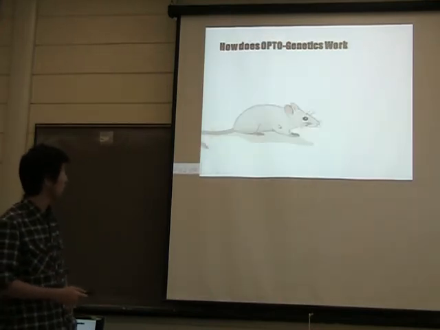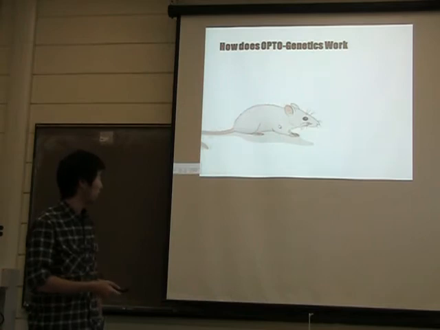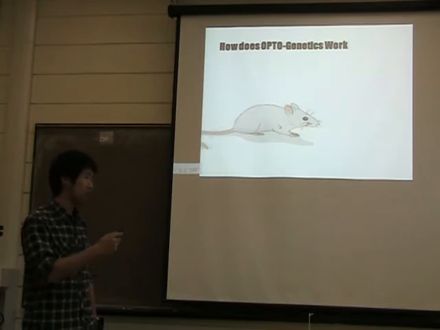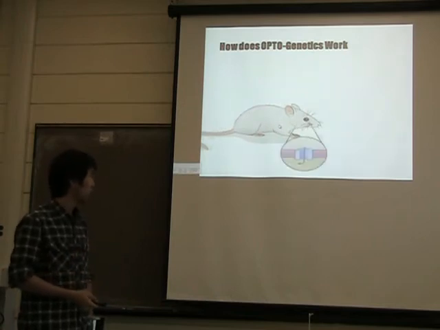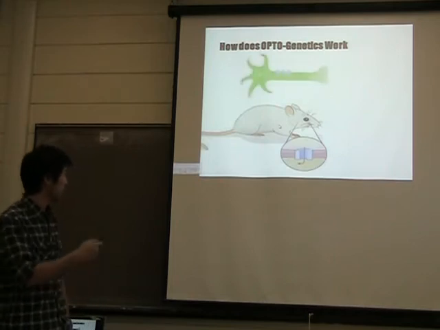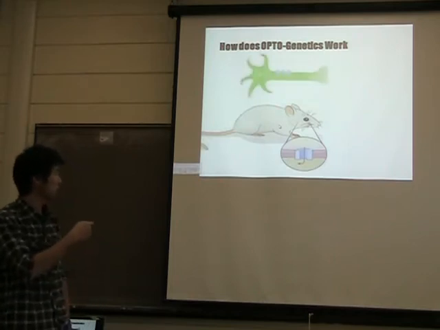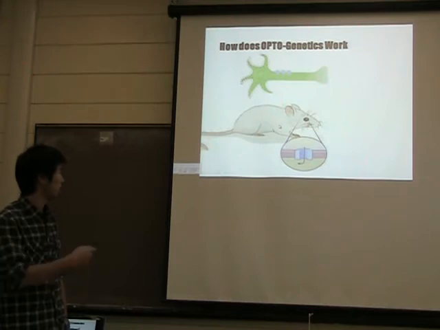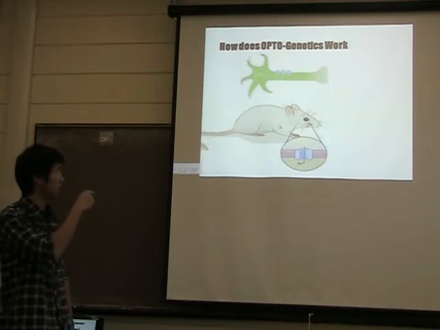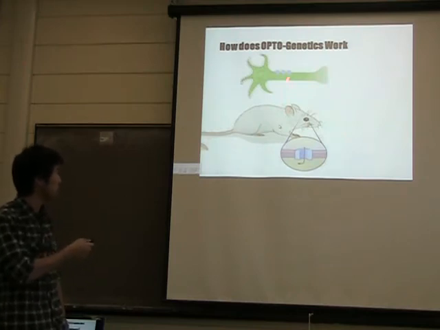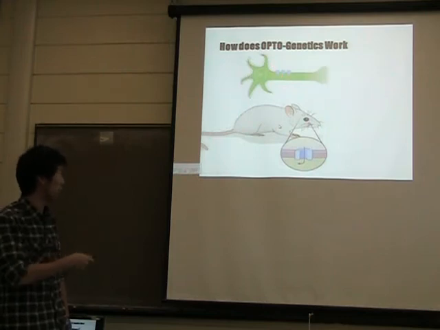After that, we'll see how it works. After we transfect the channelrhodopsin gene into the neurons of the mouse, there will be channelrhodopsin on the cell membrane of the neurons.